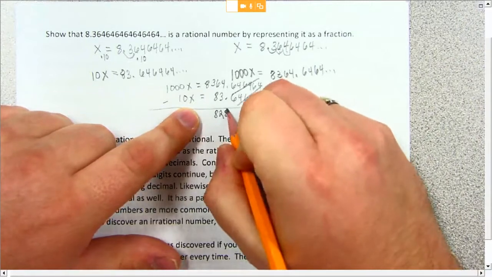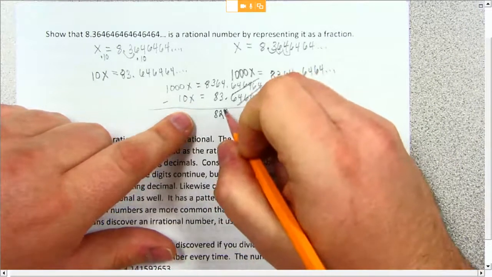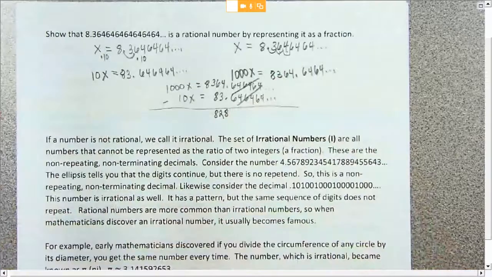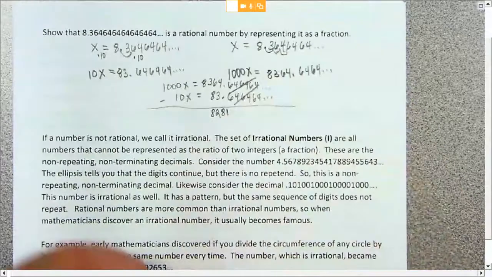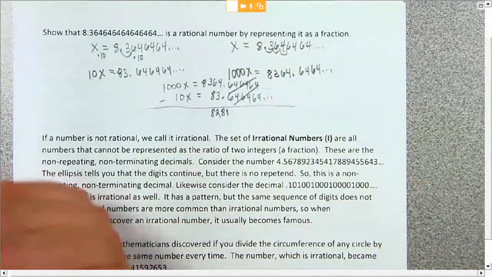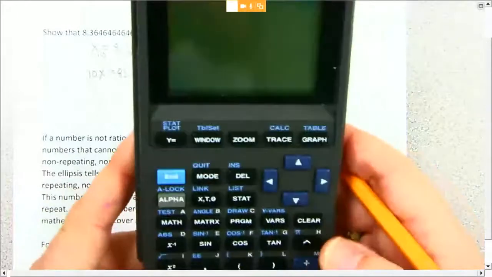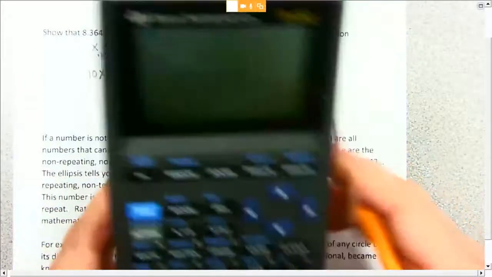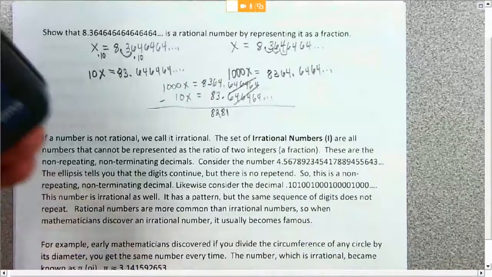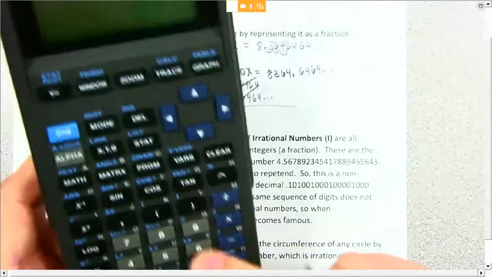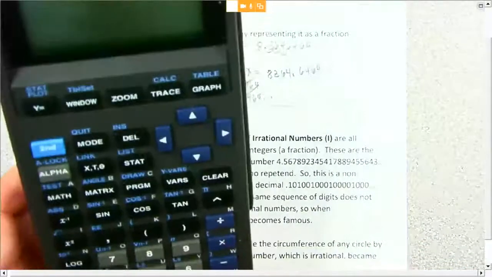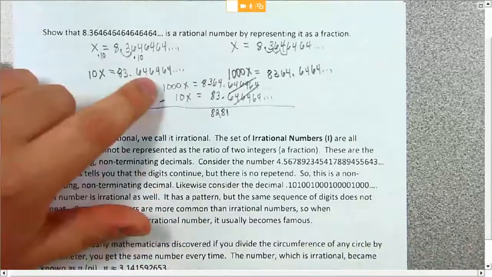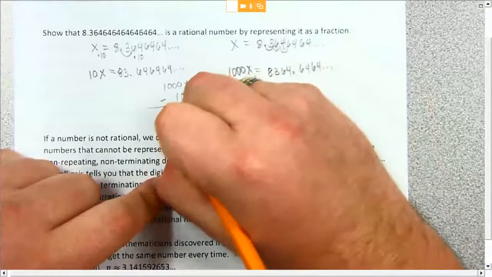Anybody else get that? Maybe I'm wrong. 8281. Let me try that again. 8364, right? Yeah, 8281. Okay, you got that? 8281. Excellent.